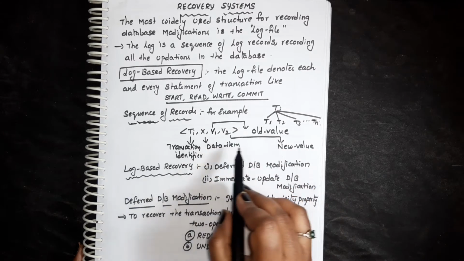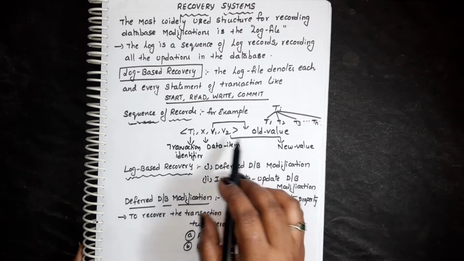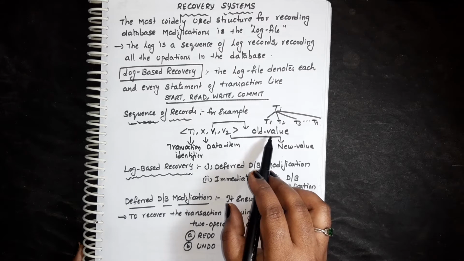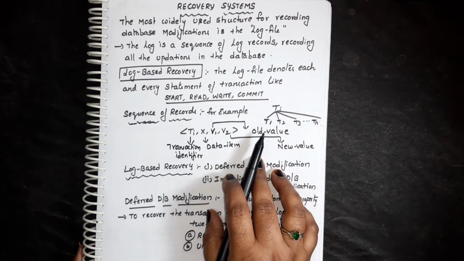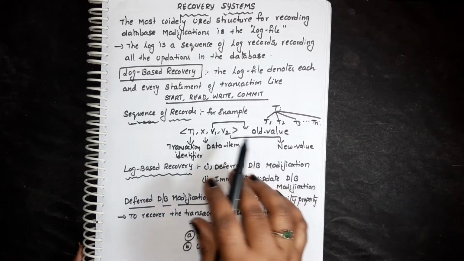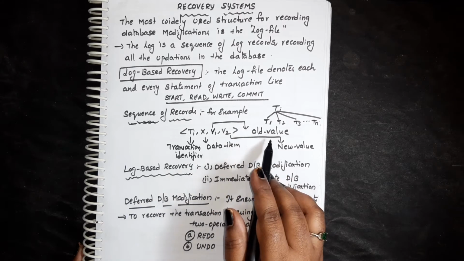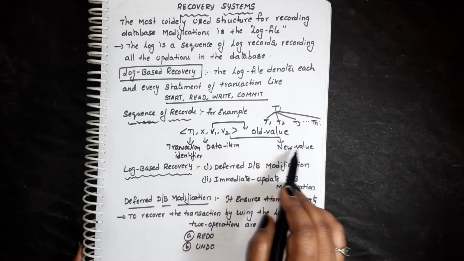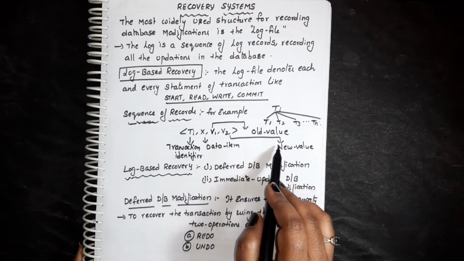What do old value and new value mean? Whenever a transaction executes the read operation, it reads the initial value, which we call the old value. After performing the write operation, the value is changed, updated, and this new value we call V2.